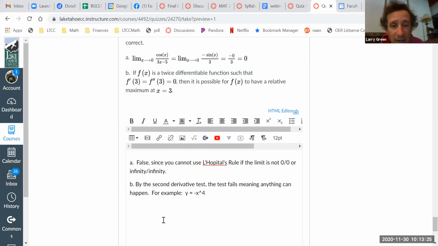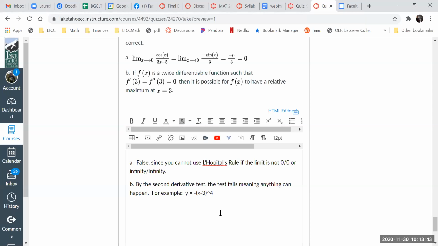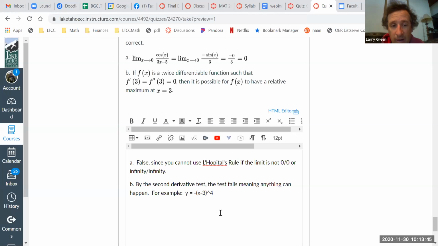Oops, because of the 3, I got to shift by 3. So x minus 3 to the fourth. Do you agree that f prime is 0 and f double prime is 0 at 3? So this is definitely an example where you can have a relative maximum at x equals 3 when f of 3 and f prime of 3 and f double prime of 3 are all 0.